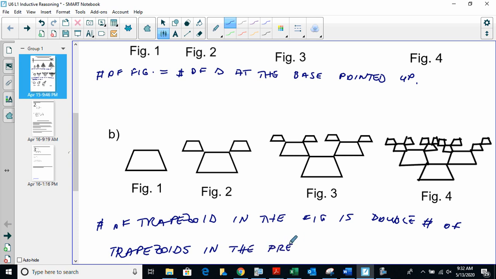And we are talking here about the number of trapezoids on the top only, not the total number of trapezoids.